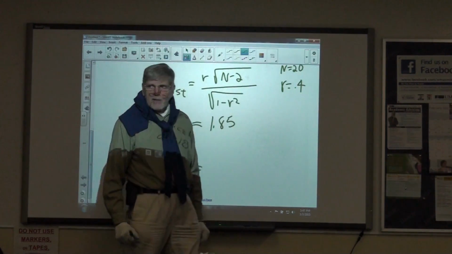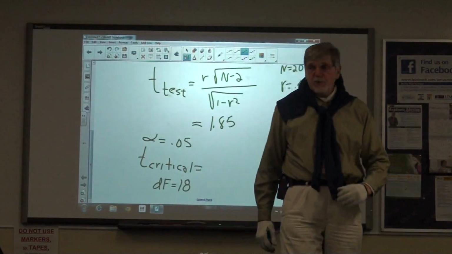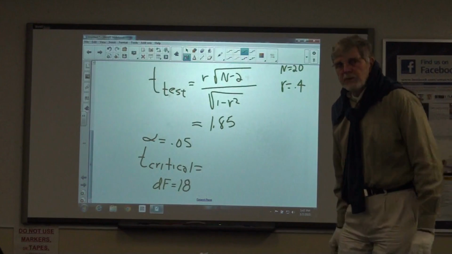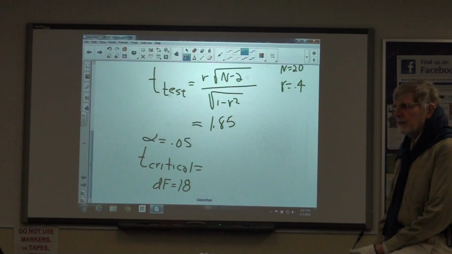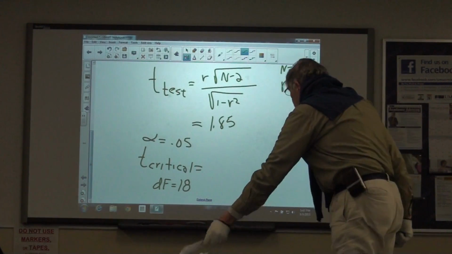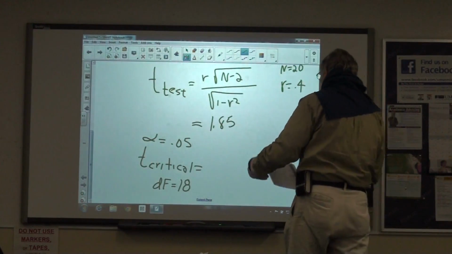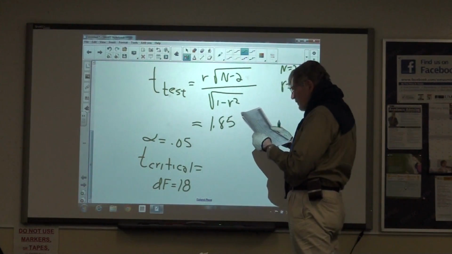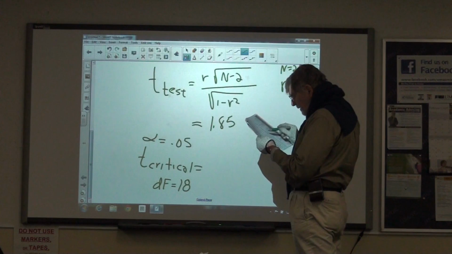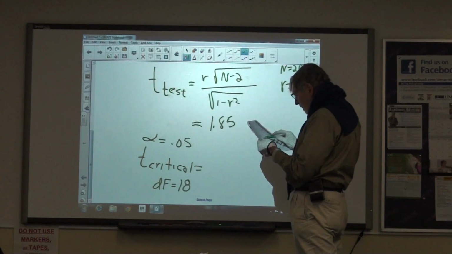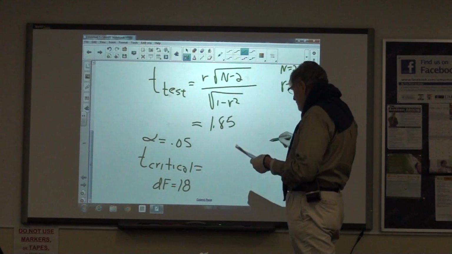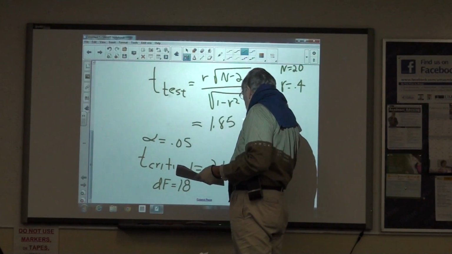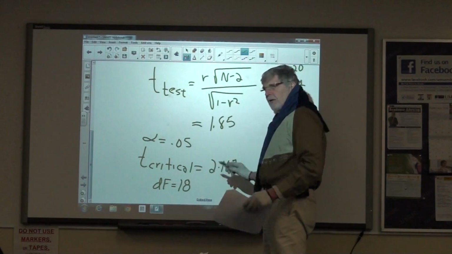It's always two-tailed, because correlations can be positive or negative. You're only interested in the strength of R, not the sign. So you go to your T table and look up alpha equals 0.05 on the two-tailed test for 18 degrees of freedom, and what do you get? 2.101.